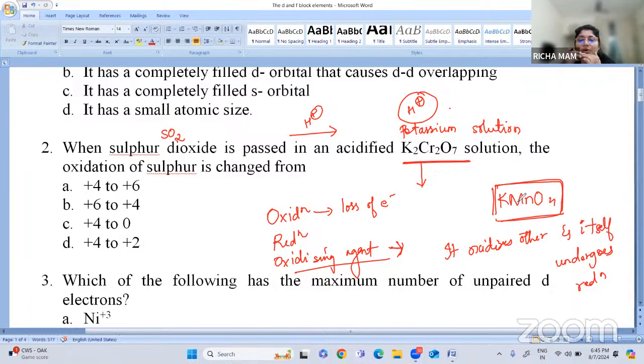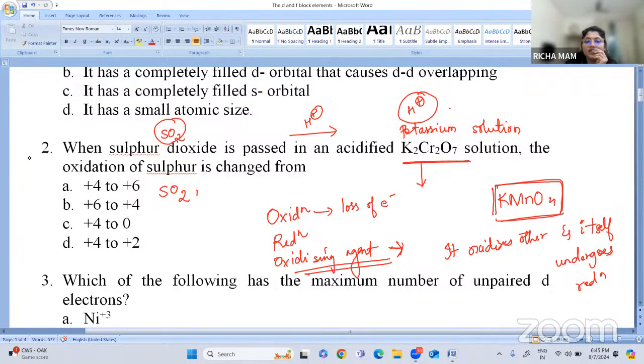So that compound or molecule will lose electrons and K2Cr2O7 will gain electrons. So this is the meaning of an oxidizing agent: it oxidizes other compounds and itself undergoes reduction.